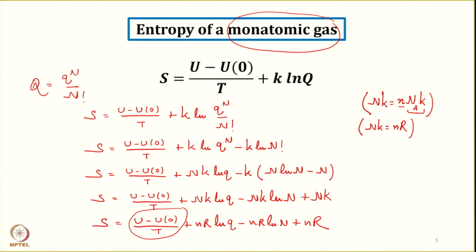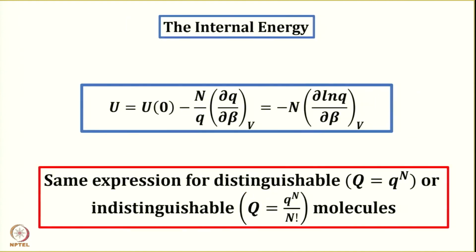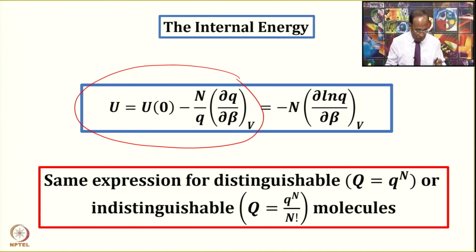U minus U0, if you go back to the previous slide, we have this expression, and it is the same expression whether Q is Q raised to the power n or Q raised to the power n by n factorial.